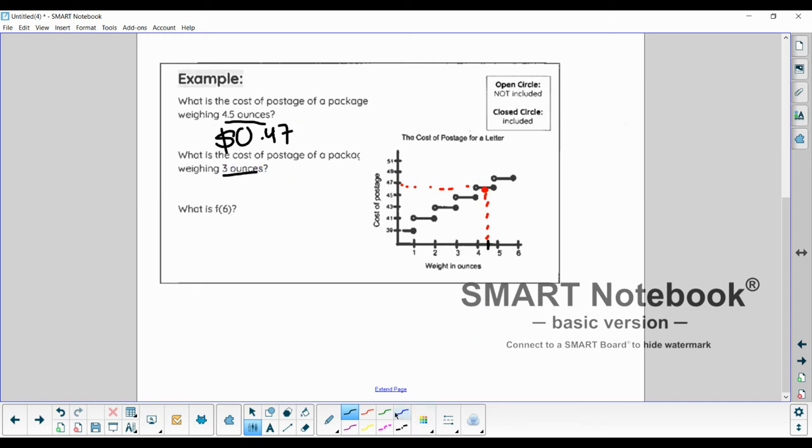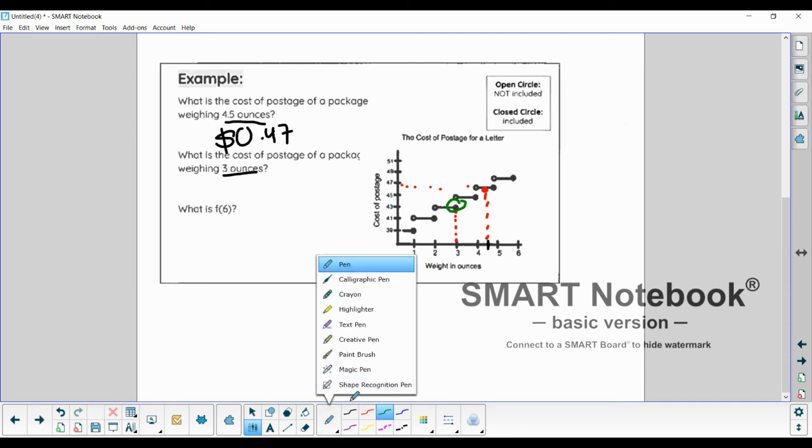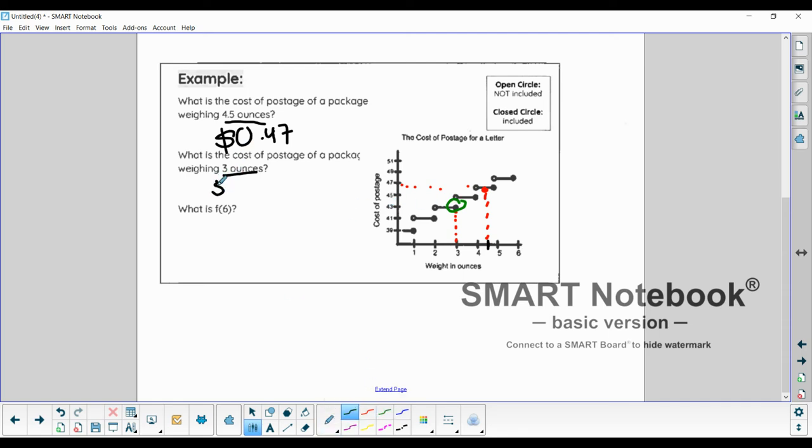If it's 3 ounces, so if we go from 3 ounces up, this is a little tricky because there's 2 circles above 3. But we always want to pick the closed circle because that's what's included. So the closed circle is in line with 43 cents. So 3 ounces will be 43 cents. And then f of 6, 6 is the x value. So if we go to 6, that's in line with 49 cents. So a 6-ounce package will be 49 cents to mail.